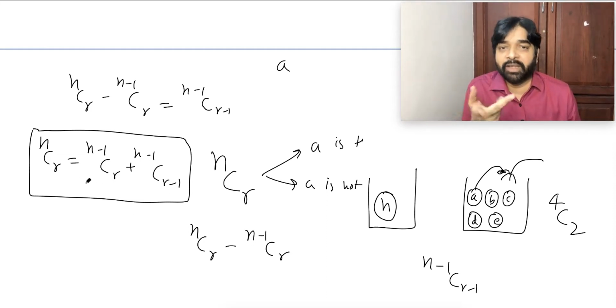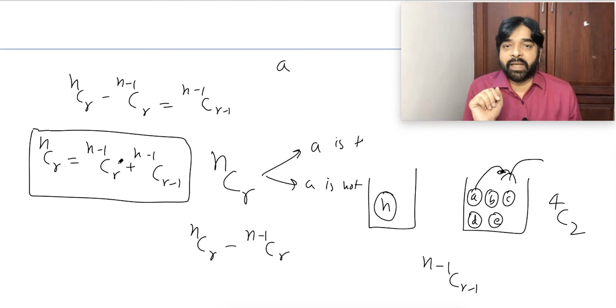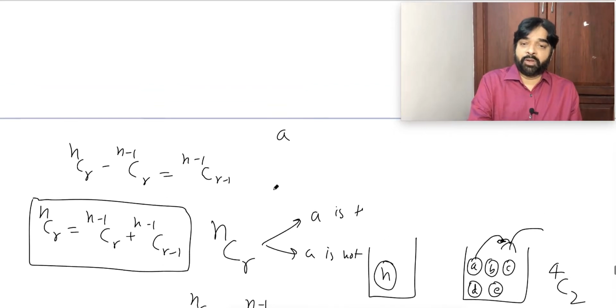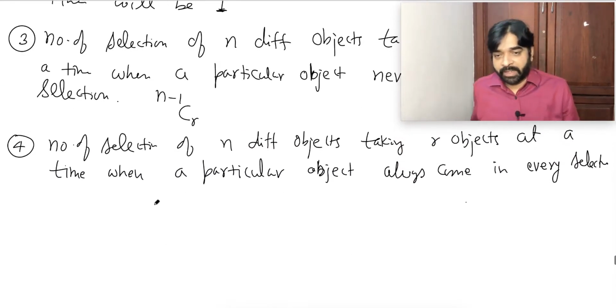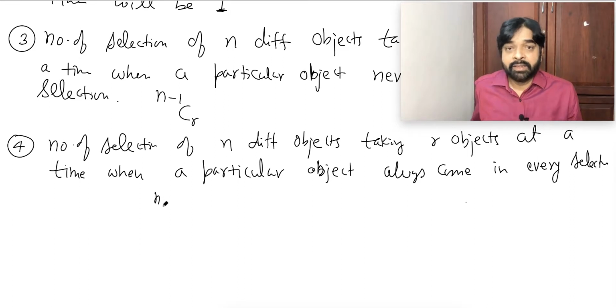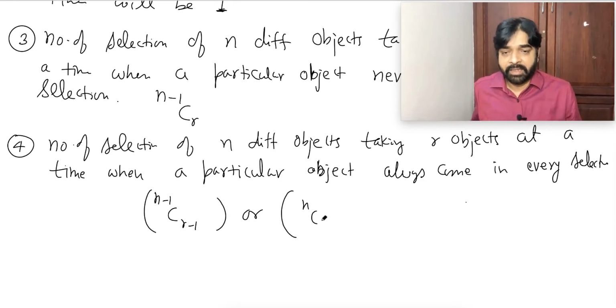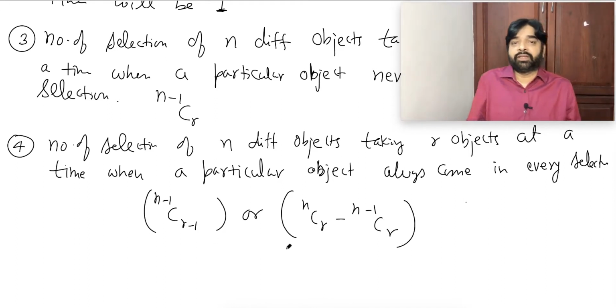There I wrote it as n plus 1, it doesn't matter. You can replace n by n plus 1 and you will get the same thing. Are you facing any difficulty? Is it clear to everybody? So for this, what will be the answer in every selection? n minus 1 C r minus 1 or nCr minus n minus 1 C r. Both are the same thing, they are not different.